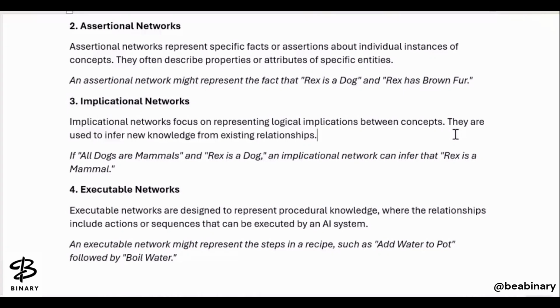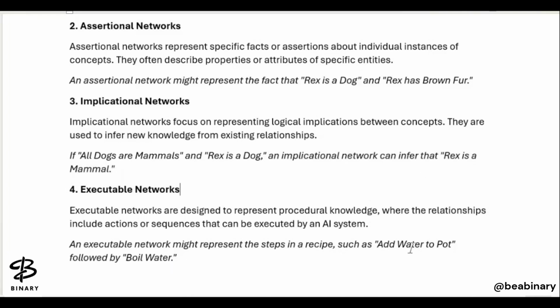For example, if all dogs are mammals and Rex is a dog, an implicational network can infer that Rex is a mammal. A new statement has been generated based on the old statements or relationships: all dogs are mammals and Rex is a dog, so Rex is a mammal.